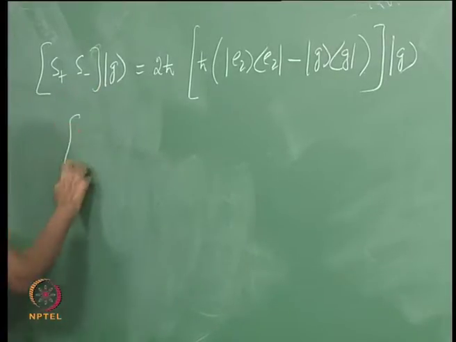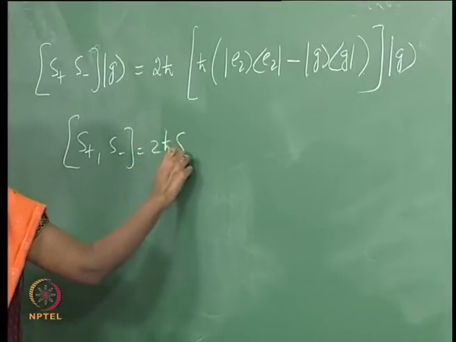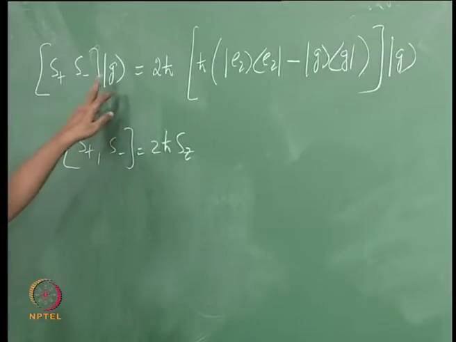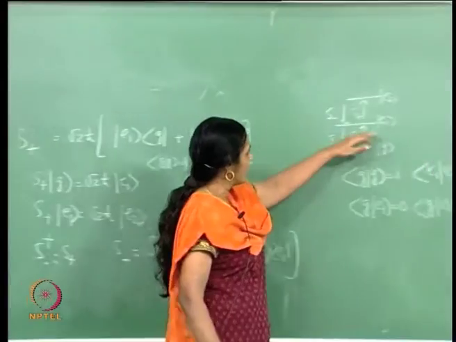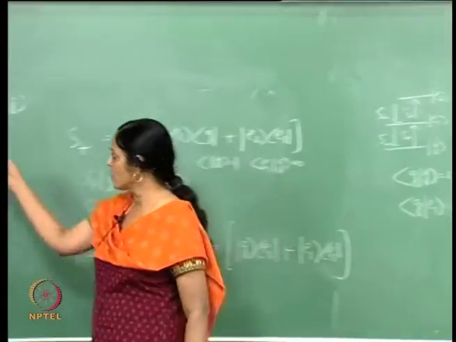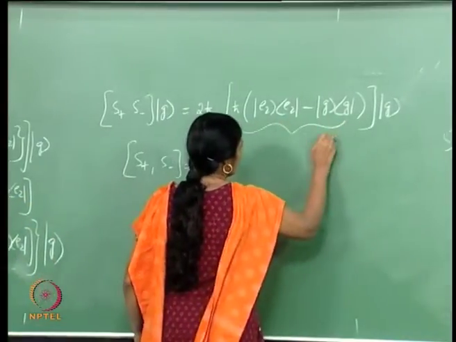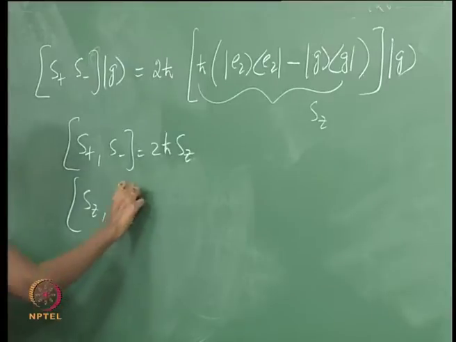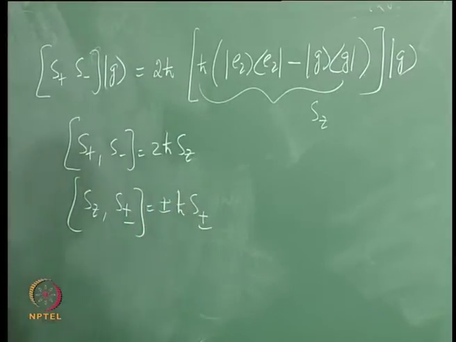This relationship that S plus with S minus is 2ℏ Sz holds, and I can check this whether I use the basis state ket G, or the basis state ket E1, or the basis state ket E2. Similarly, I can check that Sz with S plus or S minus is plus or minus ℏ S plus or minus.